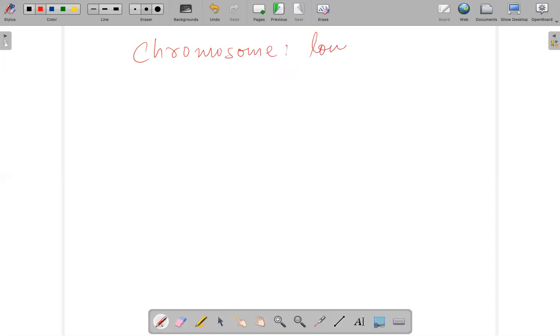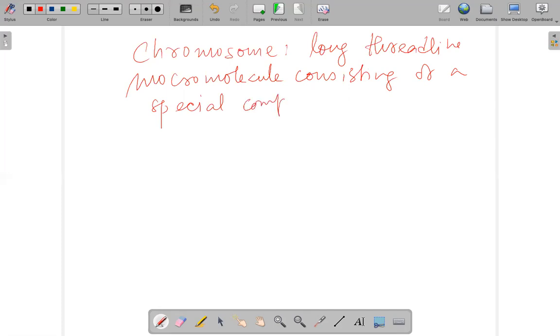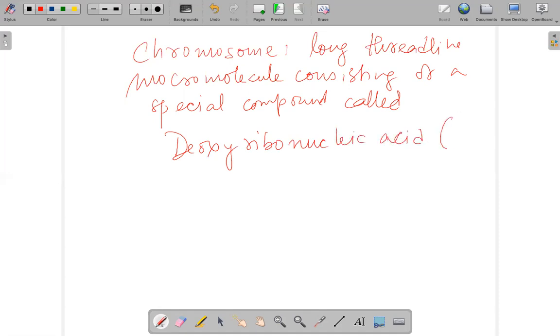It's a long thread-like macromolecule consisting of a special compound called deoxyribonucleic acid, or DNA for short.